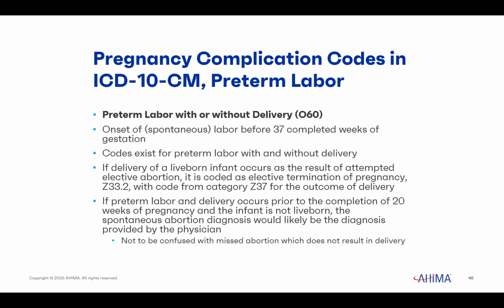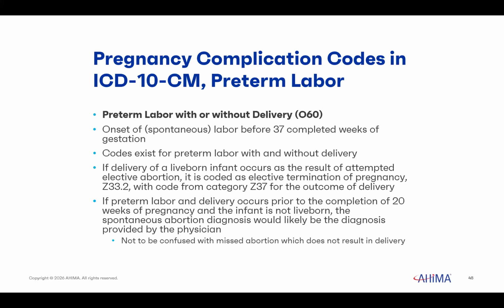Preterm labor with or without delivery falls into code category O60, and this is the onset of spontaneous labor before 37 completed weeks of gestation. The codes exist for both preterm labor with and without delivery.